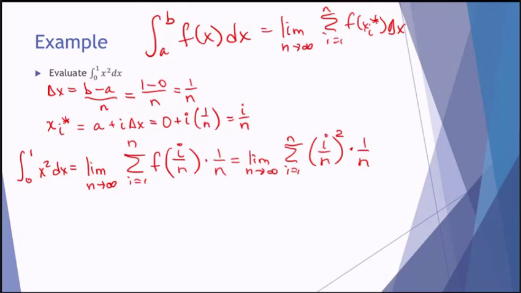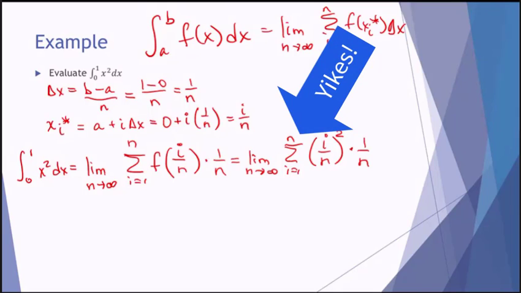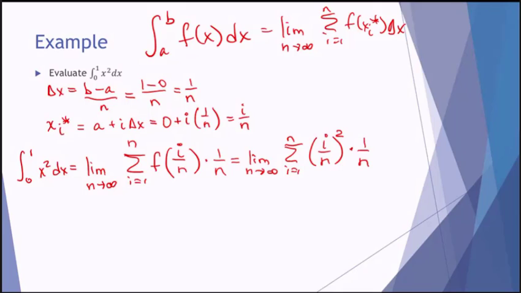From here, what we now need to do is actually compute this limit, which definitely looks different than any limit that we have computed so far for a few reasons. One, it has summation notation in it. We have not had to deal with that. So one of our first goals is to get rid of that summation notation. Here's where all those properties of summations come into play.